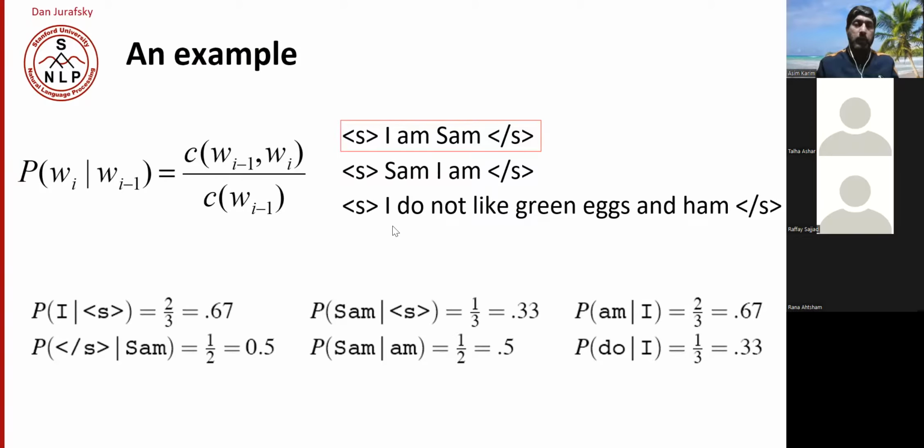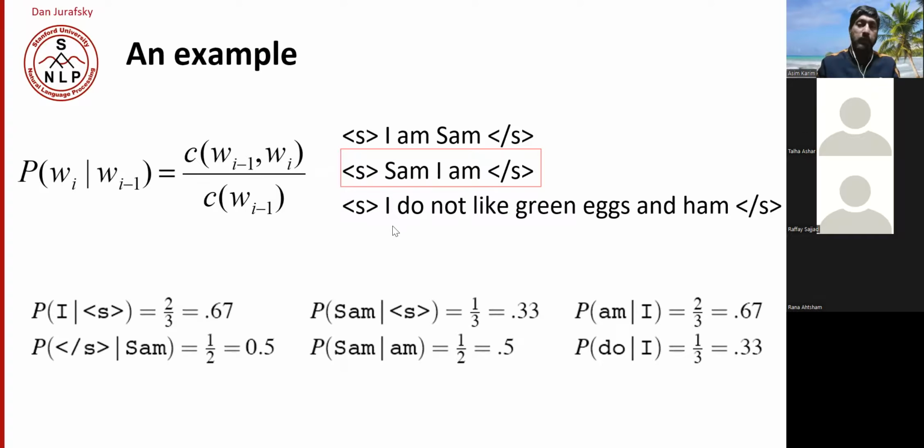The first is "I am Sam." We have also added a token <s> to indicate start of sentence, and a token </s> to indicate end of sentence. We will consider those as part of the sequences as well, just to find out where a sentence is likely to start and where it is likely to end.